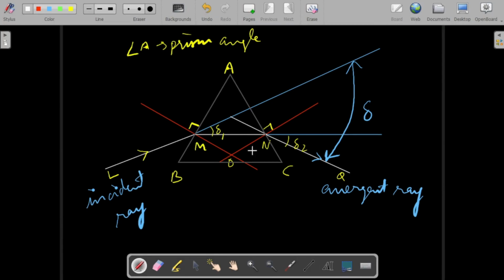If I extend it, then I can write this delta 2 somewhere here also, because delta 2 here and this one are vertically opposite angles.